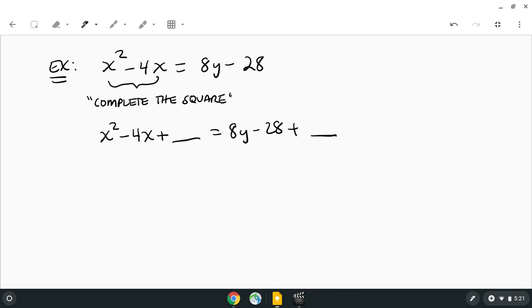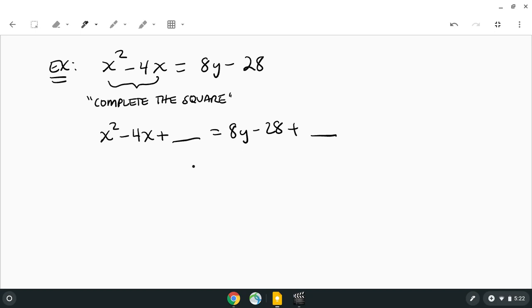Okay, and the way you find this number, if you remember, you take half. And remember, you can only start the process of completing the square when this coefficient right here is 1. Okay, and it is, so we can go ahead and start the process. So to find this, we take half of 4 and square it.